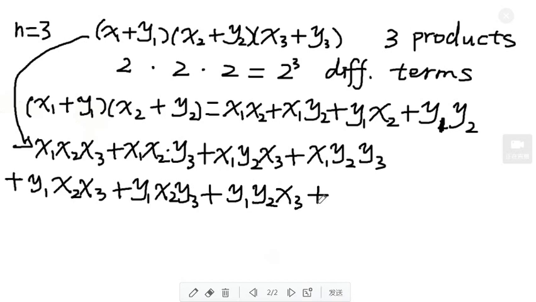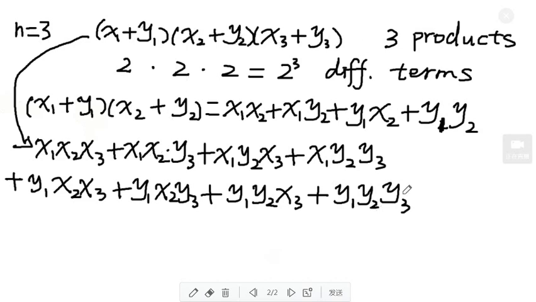And the last term means you all choose y in each parenthesis, right? So of course we get 8 different terms from here, okay? So the first term means you all choose x in each parenthesis, right? The last term means you all choose y in each parenthesis.